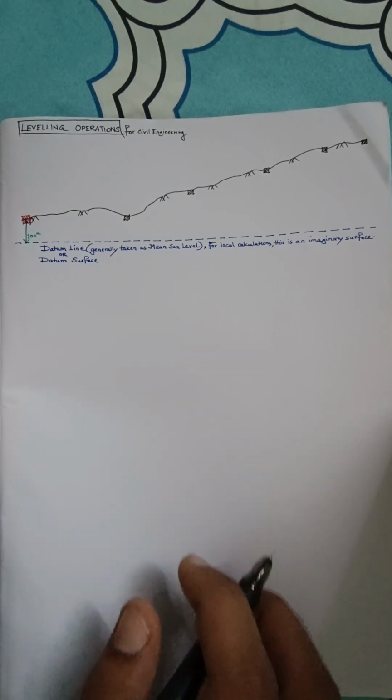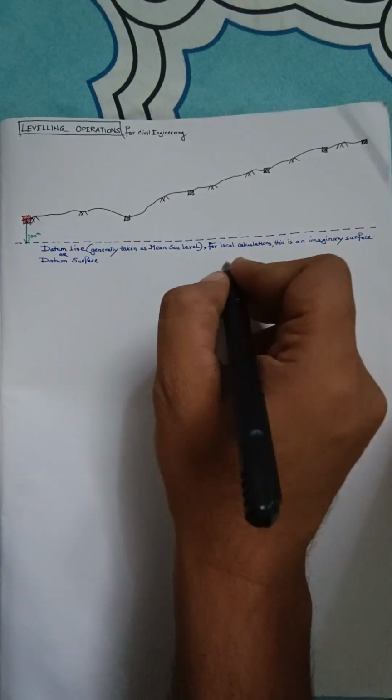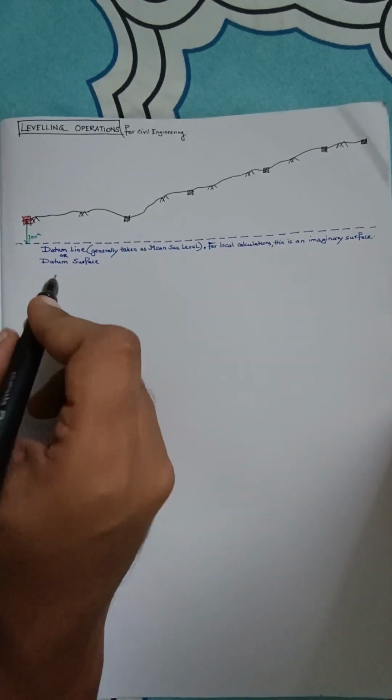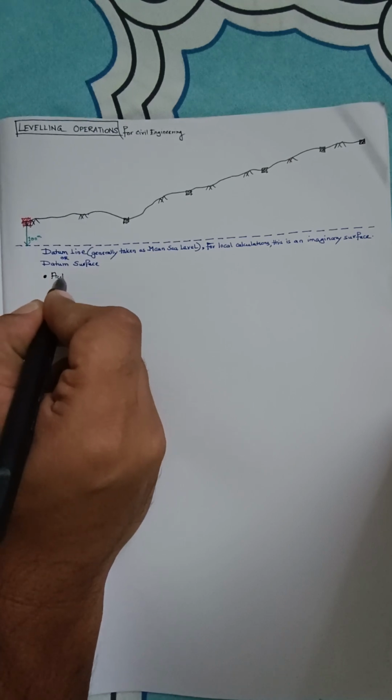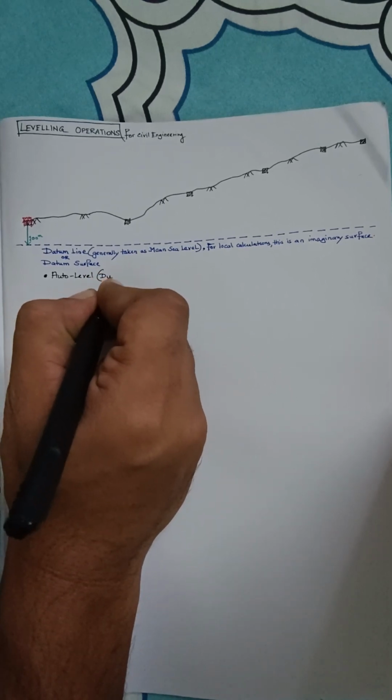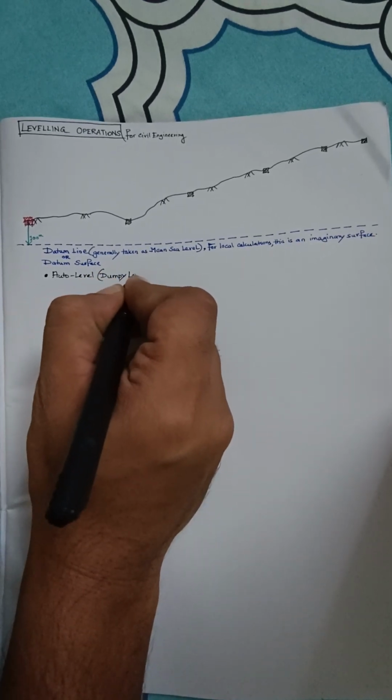So, what is the thing which we need to do? We need some accessories. What are the accessories? I'm writing it over here. The accessories are: we need an auto level, sometimes used in the form of a dumpy level. It is an instrument which has a telescope and a line of collimation, a line of sight, so you can see through the telescope.